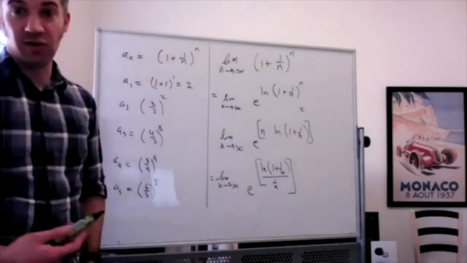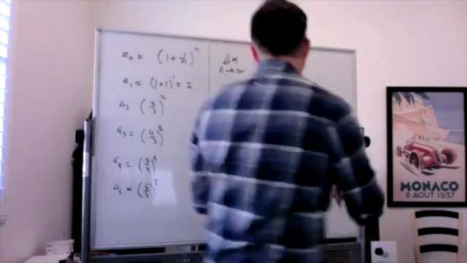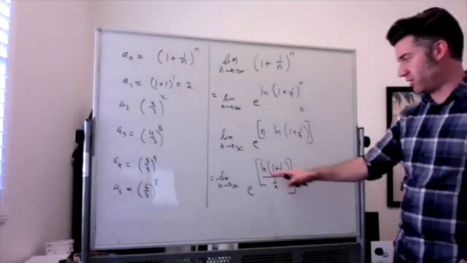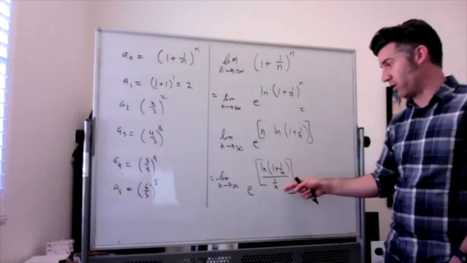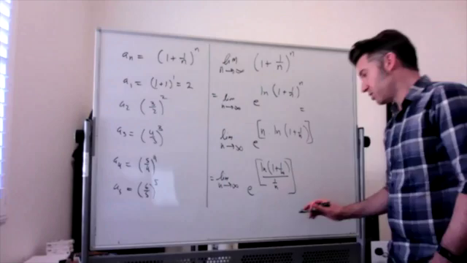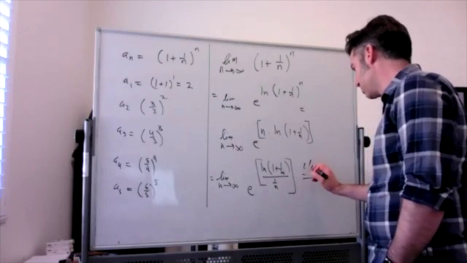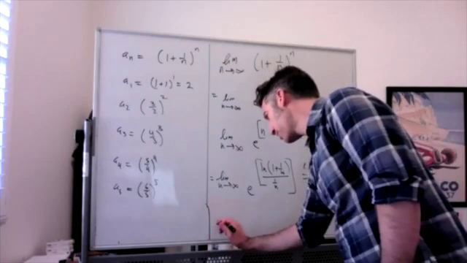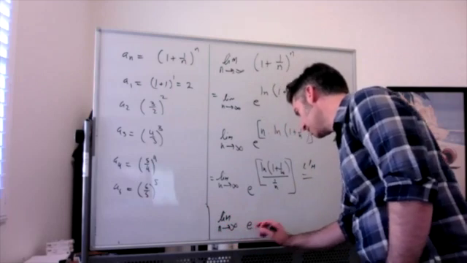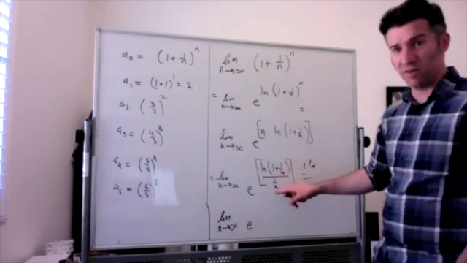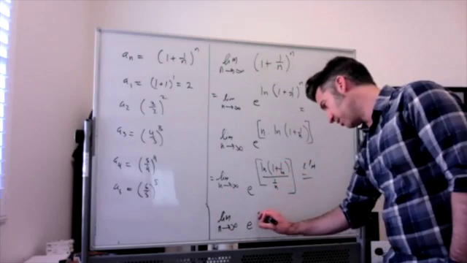Now we can use L'Hopital's rule because the exponent is going to the natural log of 1 plus 0, which is the natural log of 1, which is 0, over 1/n, which is going to 0. So using L'Hopital's rule, we get e to the derivative of the top over the derivative of the bottom. It's a little messy here.